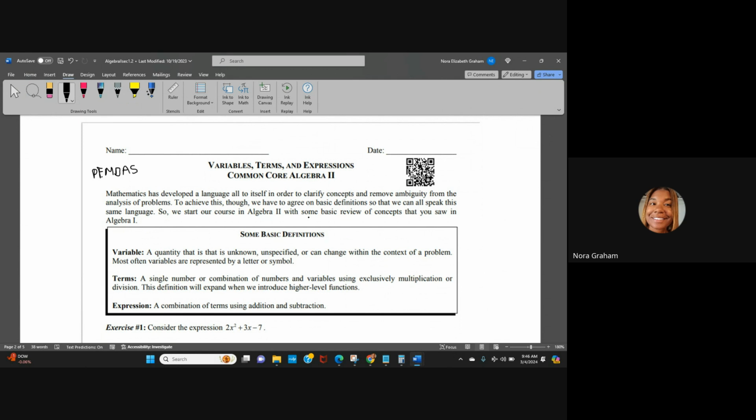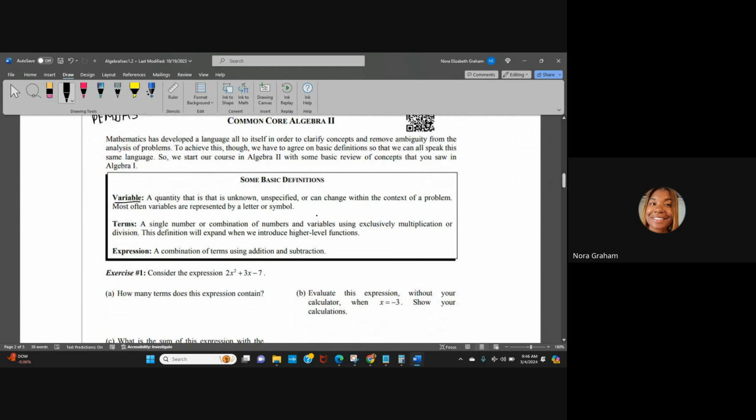There are also terms that we need to know. Variables are things that are unknown in mathematics. Usually we use letters to represent a quantity that is unknown, like A, B, C, D in our expressions. Terms are a single number, or a combination of a number and a variable, in an algebraic expression or equation.